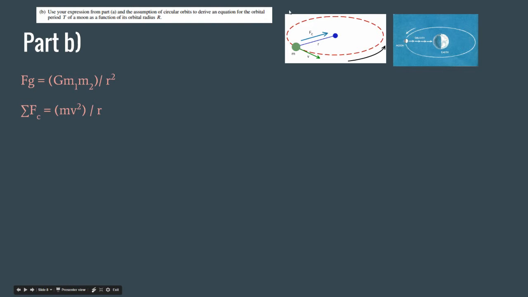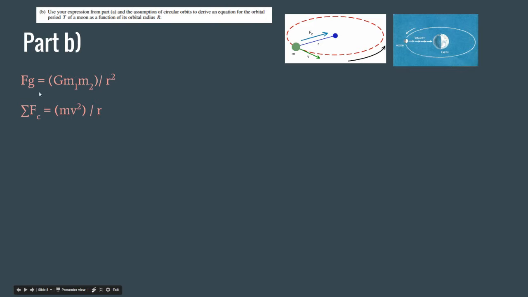So if you look at these two pictures, you can see that the force of gravity between the two objects is also equal to the net centripetal force of the object. Basically, the force that Saturn pulls on the moon with is also equal to the net centripetal force acting on the moon, because gravity is the only force acting between these objects.